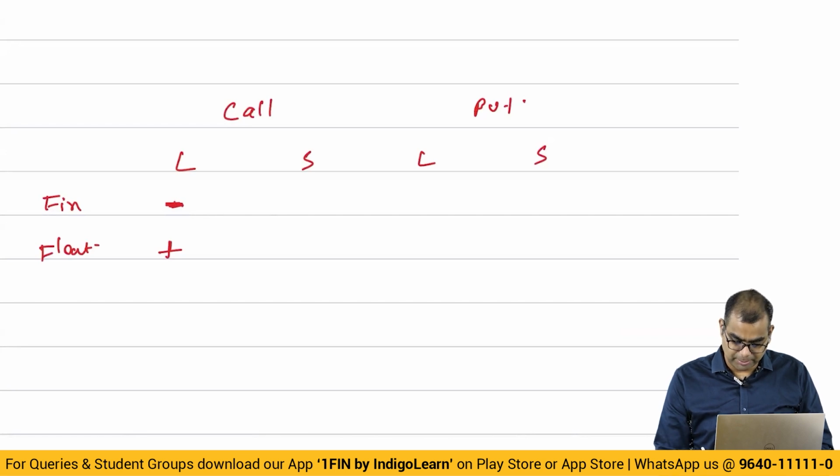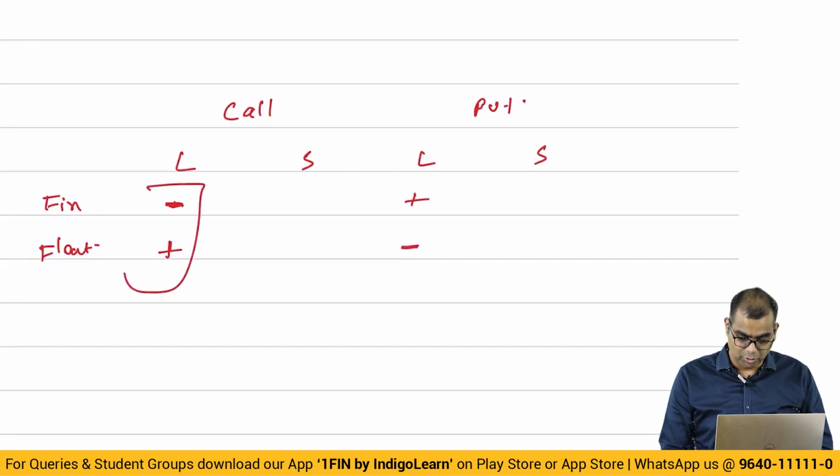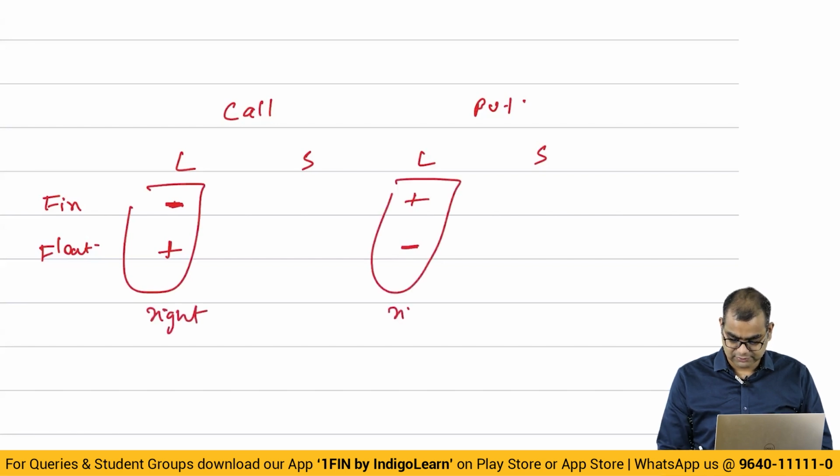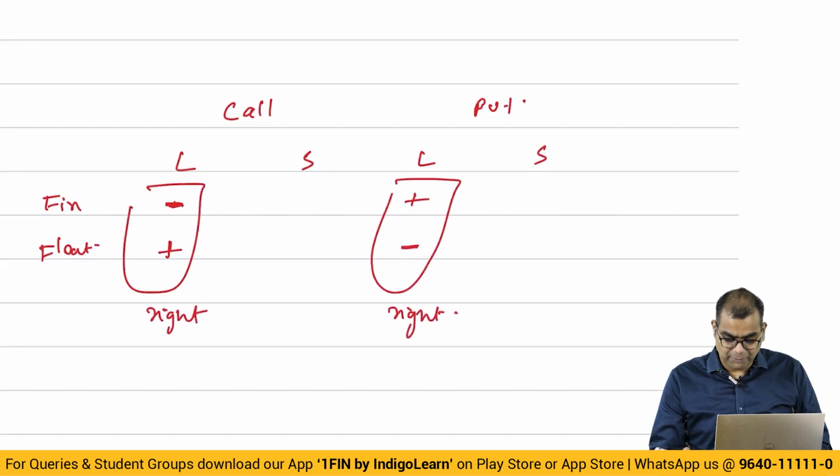A right to pay floating and receive fixed. Both of these are rights. They appear as if this is the opposite of that, but the opposite of a right is something else.